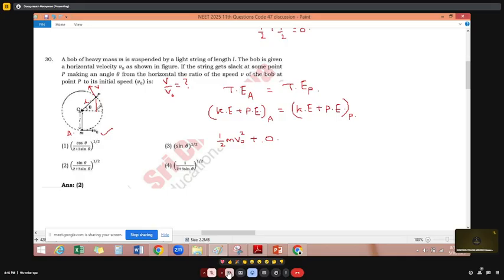This has to be a height of L sine theta. And this is already L here. So this is L sine theta. That will help me to find the potential energy here.